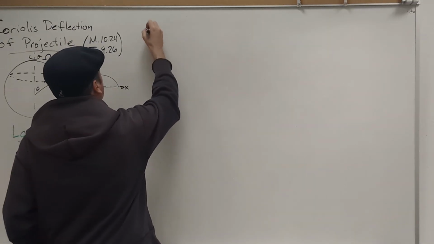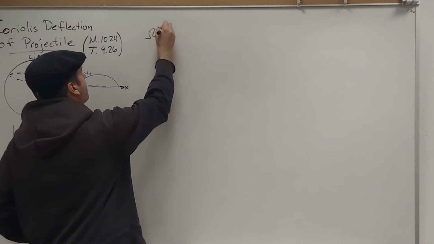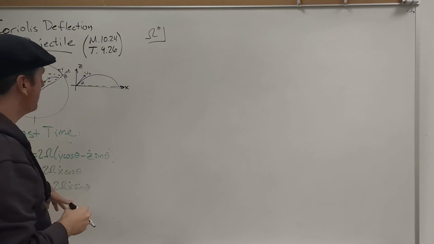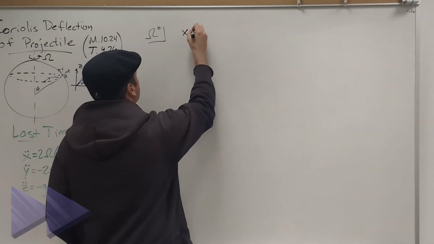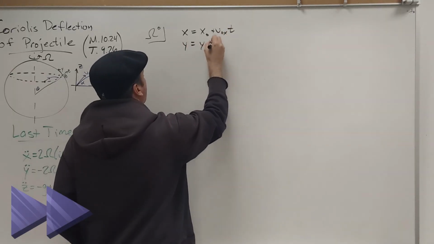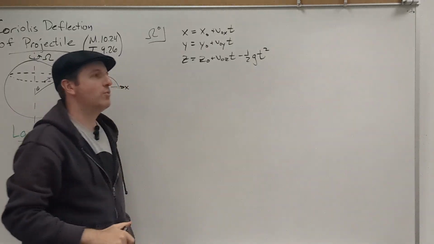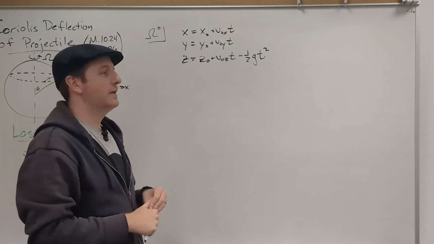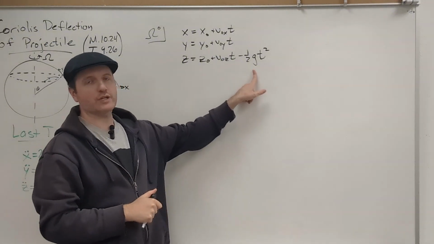To the order of omega to the 0, we can integrate these equations with omega equals 0, just like we did last time, except I'm keeping all the terms. And that's the classic three-dimensional constant acceleration kinematics equations that we know and love, with our acceleration just being minus g in the z direction.